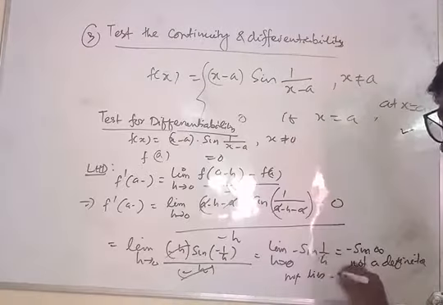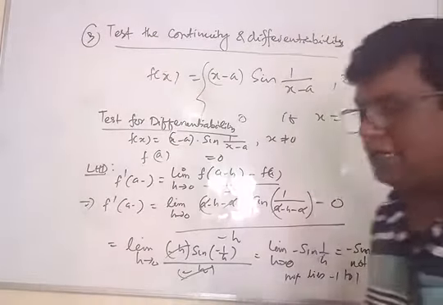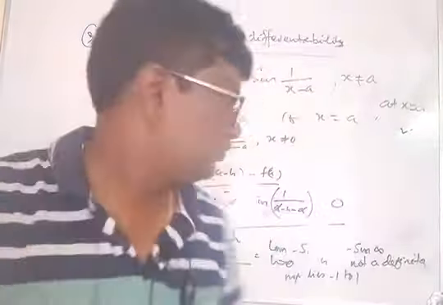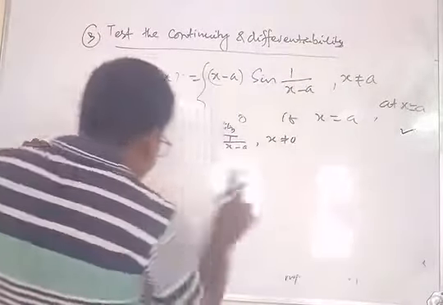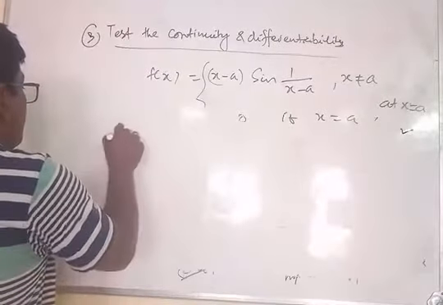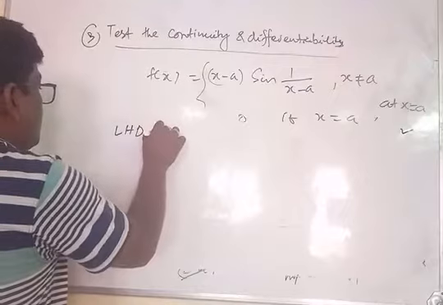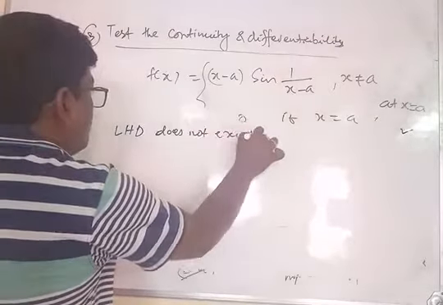Clear? Minus 1 to plus 1, not fixed. So the left hand limit doesn't exist, since LSD does not exist.